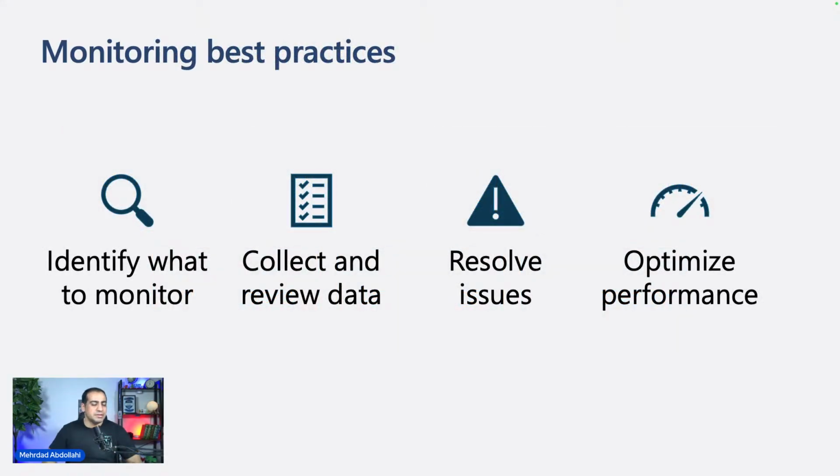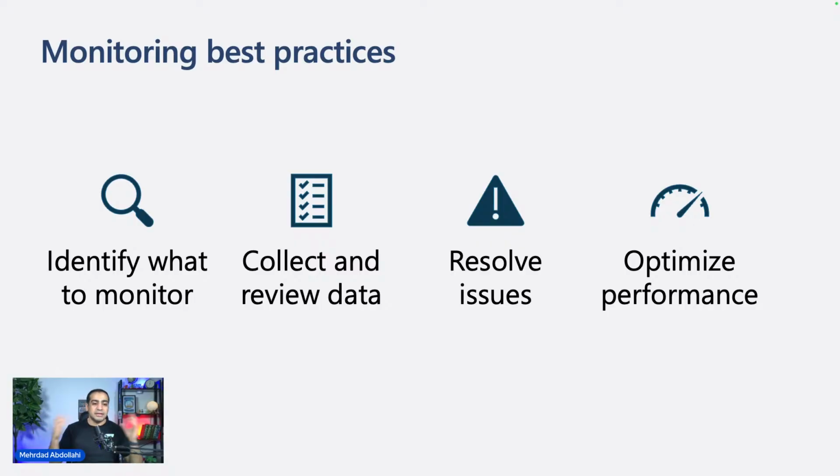The best practice for monitoring is basically identifying what you are going to monitor, right? You need to know the whole architecture of your data solutions to understand where and what should be monitored and where you can do that.